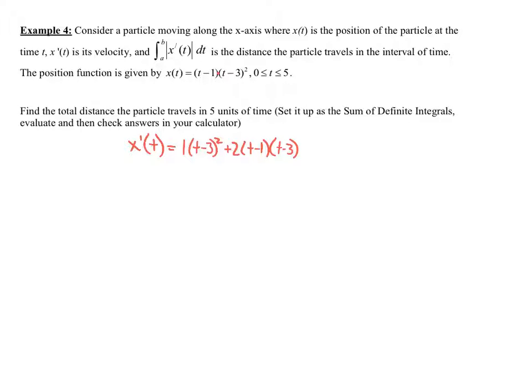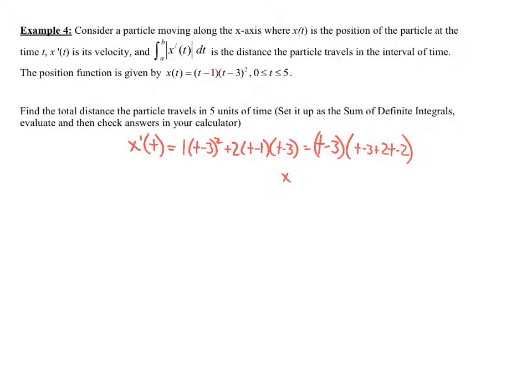Okay? And by the way, this is a good example where simplifying is helpful. So I'm going to factor out a t minus 3. And I have a t minus 3 plus 2 times t minus 1, so 2t minus 2 left over.